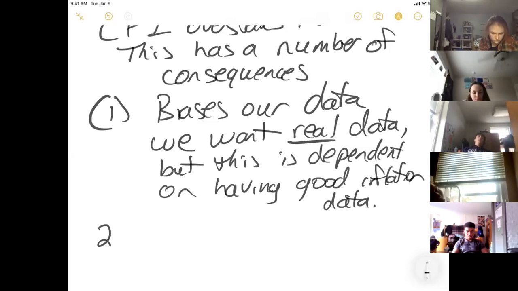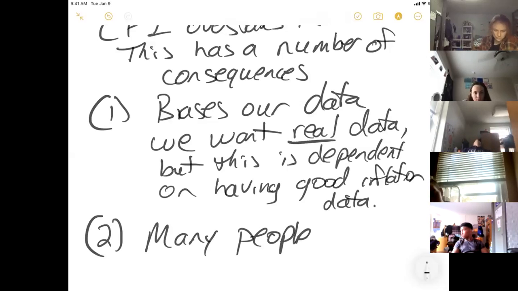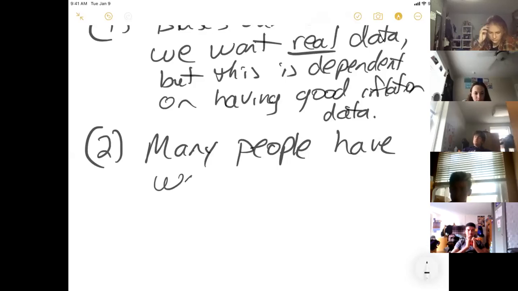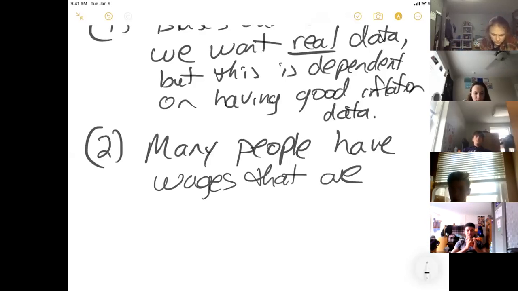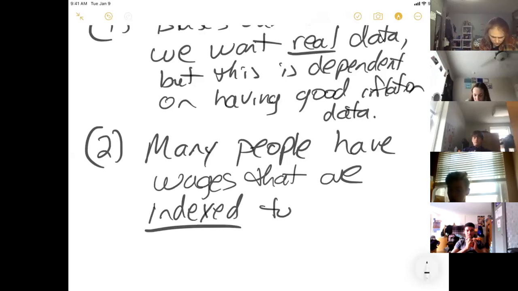Here's another reason why this is a big deal. Many people have wages that are indexed to inflation.